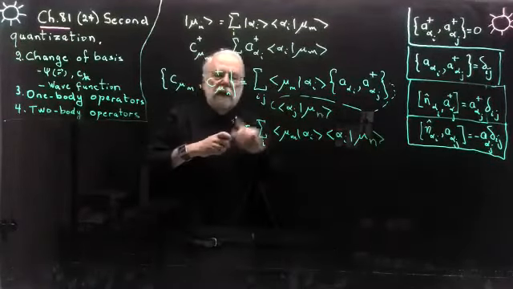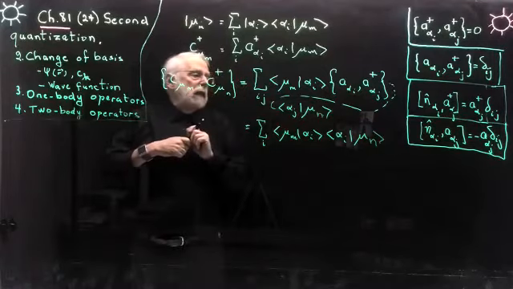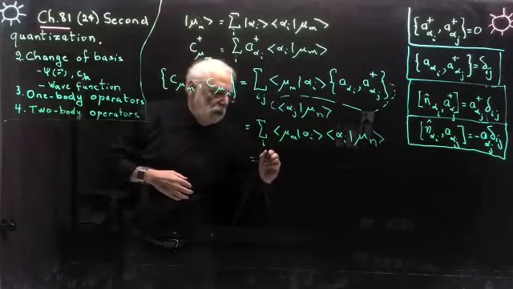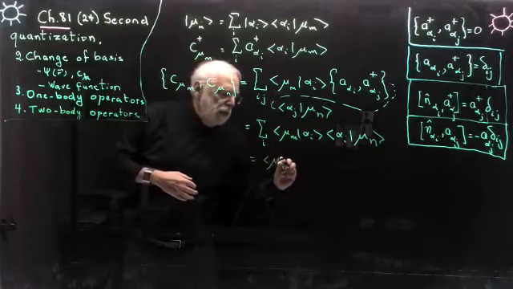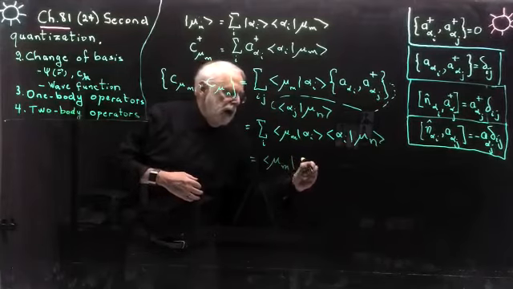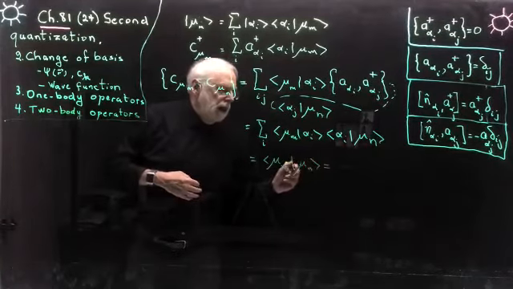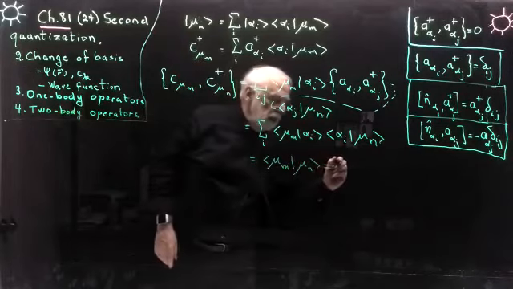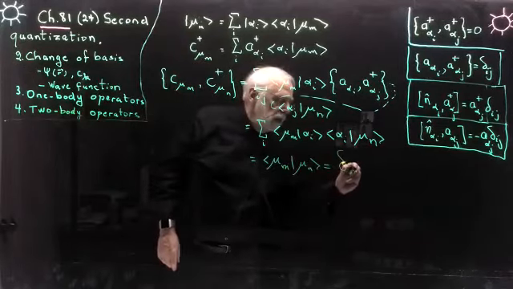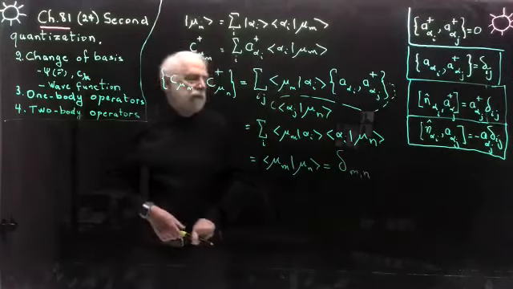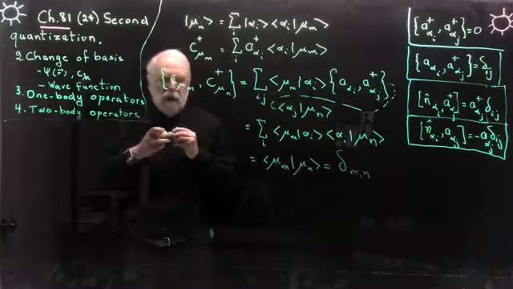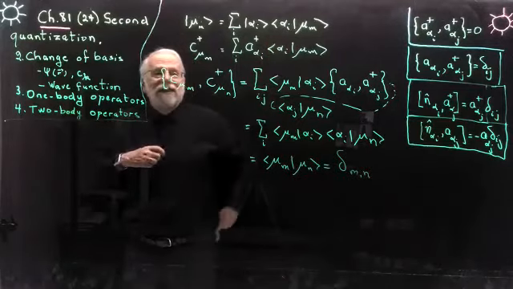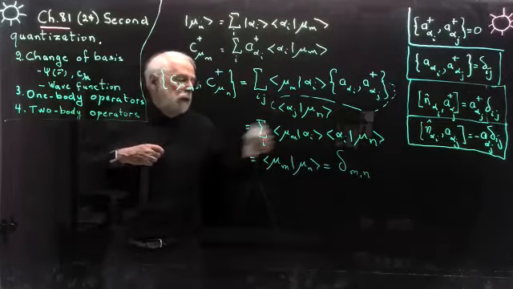I just use this anti-commutator. So this is equal to mu m mu n. And if that's also an orthonormal basis, this is delta mn. Okay? So that's a canonical transformation. We go from one orthonormal basis to another one.